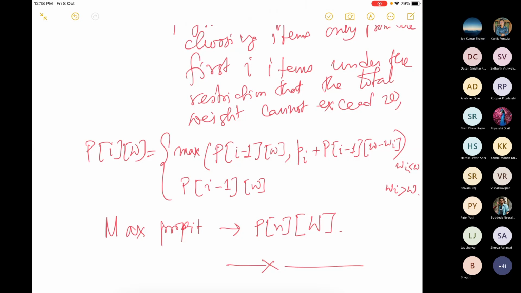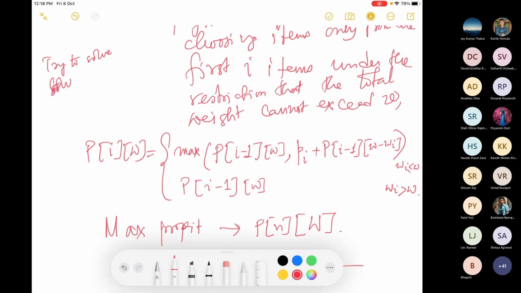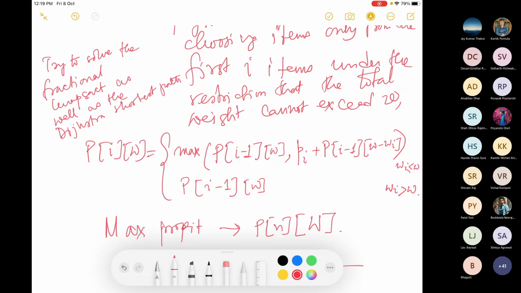Take it as homework, as long as you can find the optimal substructure. Try this, both these problems.